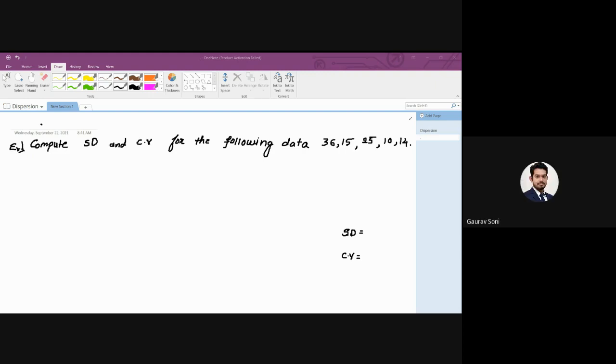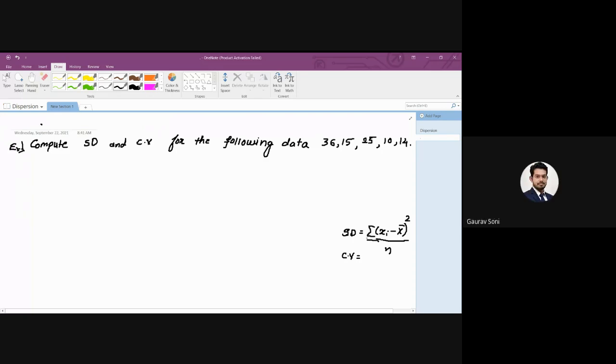Dhruv Bafna. Yes, sir. So, tell me the formula. So first we have to calculate the mean, and after that subtracting 36 from the given mean, and then squaring it. So tell me, 36 minus 20 whole square. Tell me the formula. So (xi minus x bar) whole square by n, summation from i equal to 1.